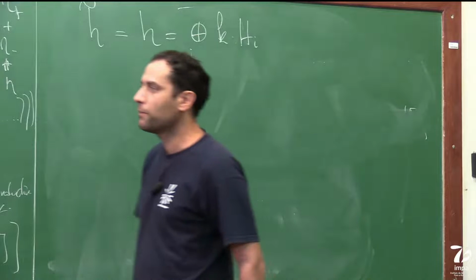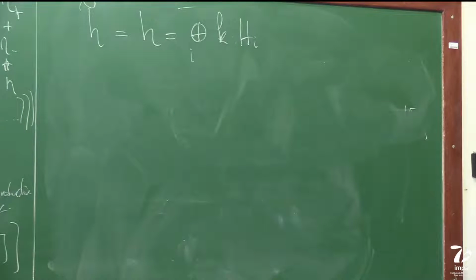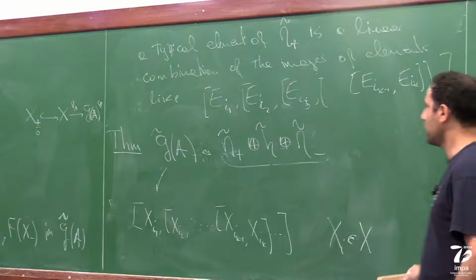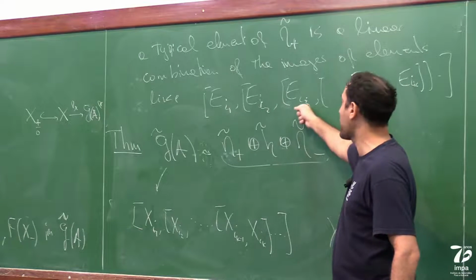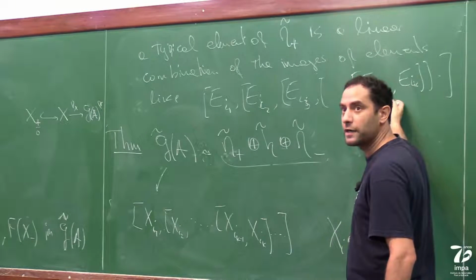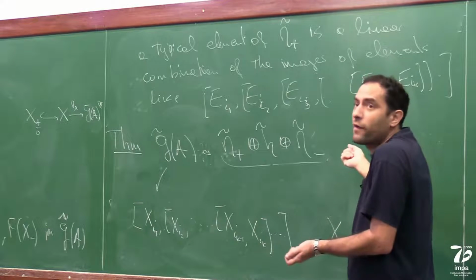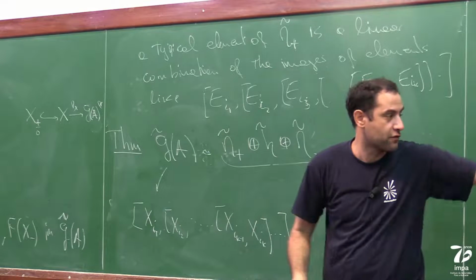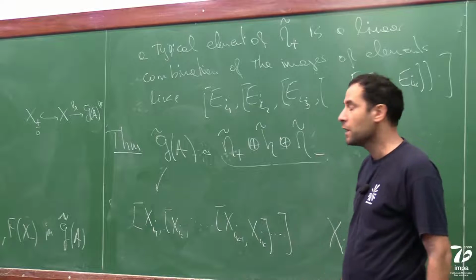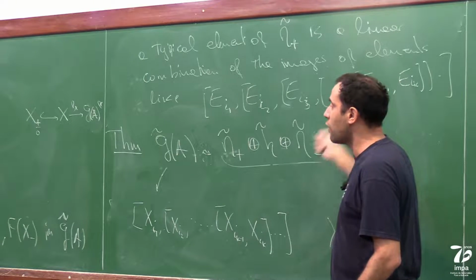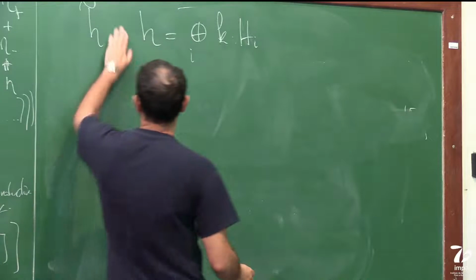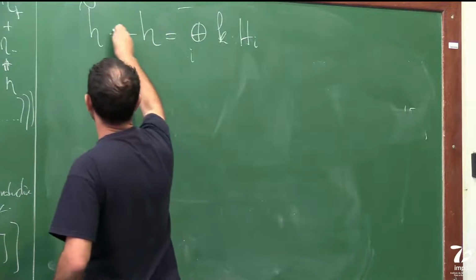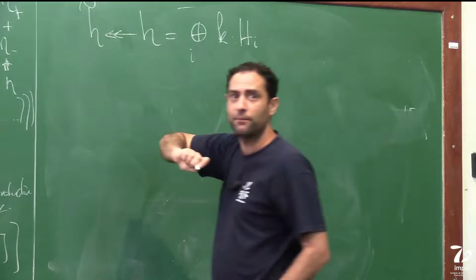So in principle, every element of H tilde can be written as linear combinations of elements in the image of things like this, where the brackets are by HIs. Now, if I have more than one, this bracket is already 0 because of the relation that the HI commute. So it's in the image of the map from H. So what I know is that there is a map from H, which is surjective into H tilde.